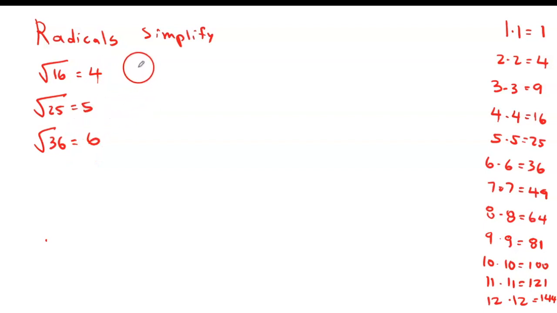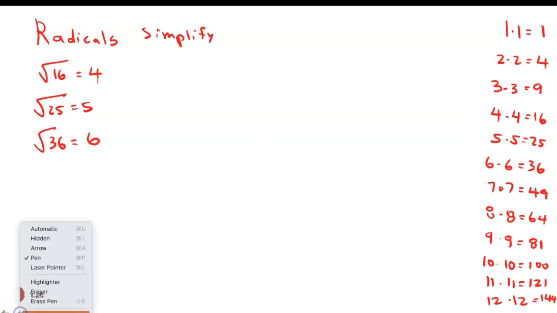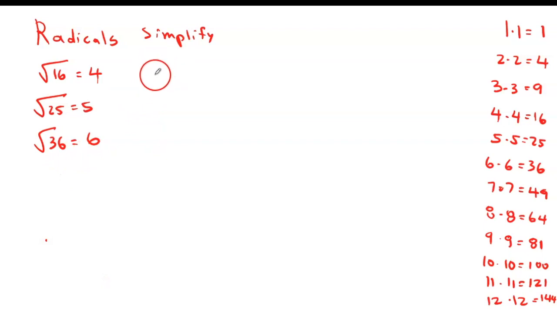So let's pretend that they gave me square root of 6 times square root of 2. I'm multiplying two radicals with the same index. Oh, I haven't talked about index. So this is my radical.